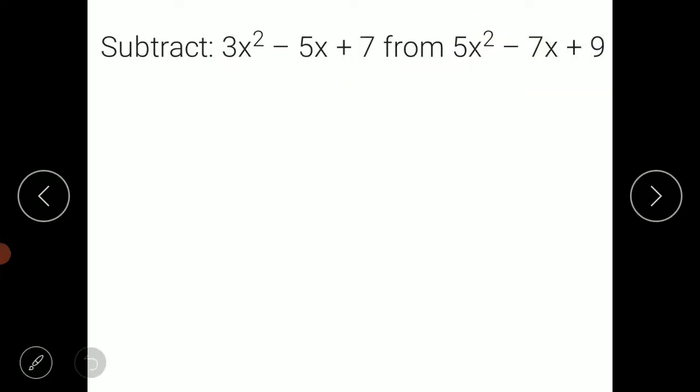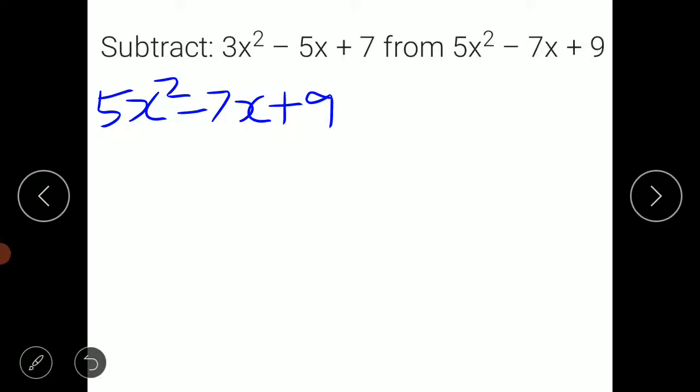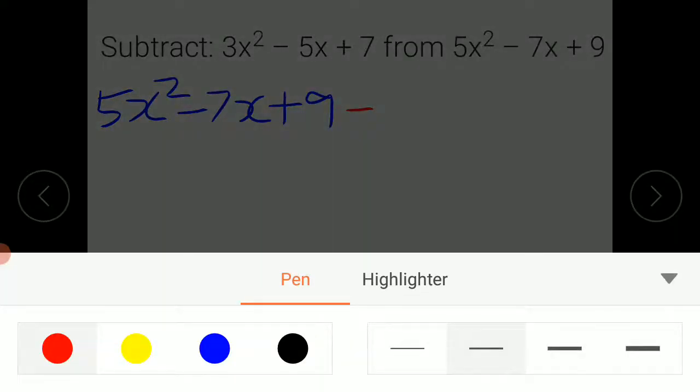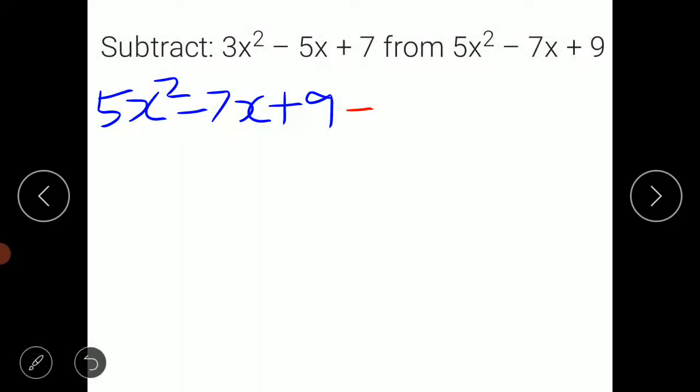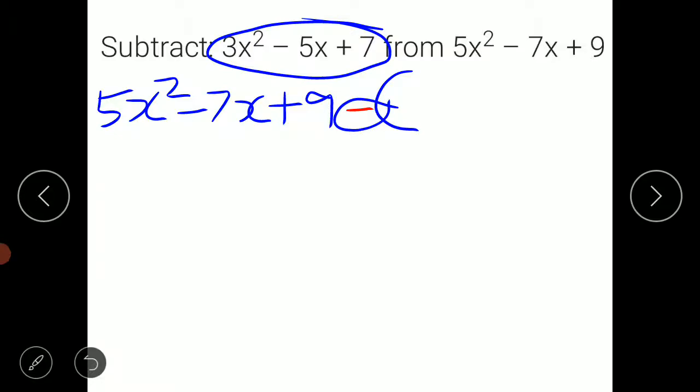So from 5x square minus 7x plus 9, we are going to subtract the next expression within the bracket. This bracket is very important because the next expression contains 3 terms, and this minus applies to all 3 terms. So we need to place it in a bracket.